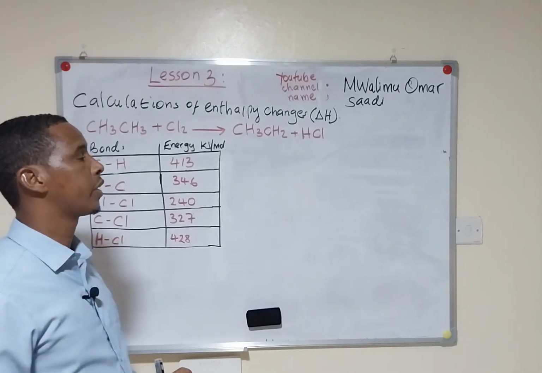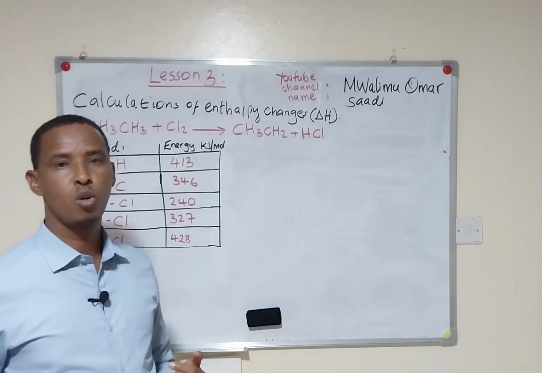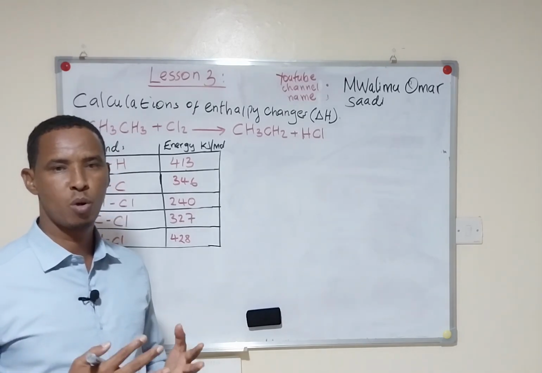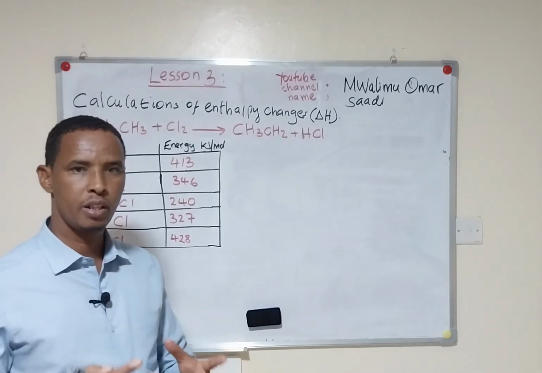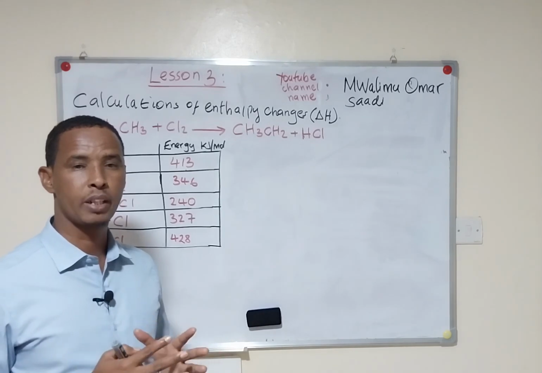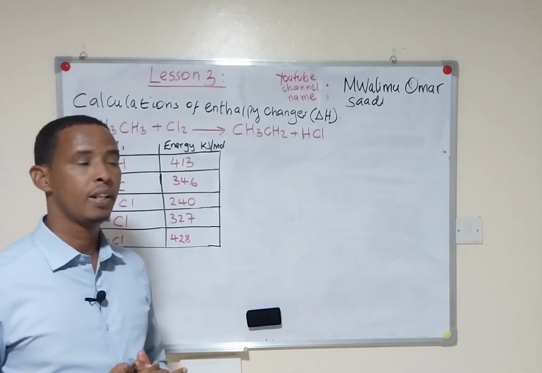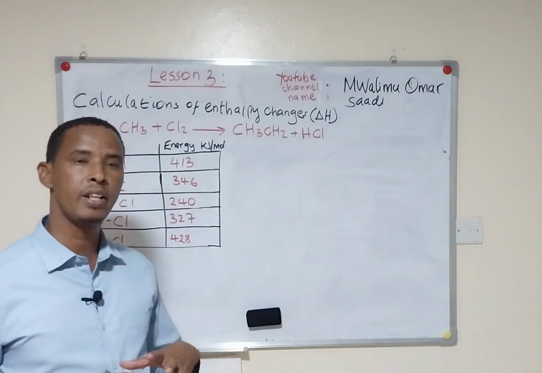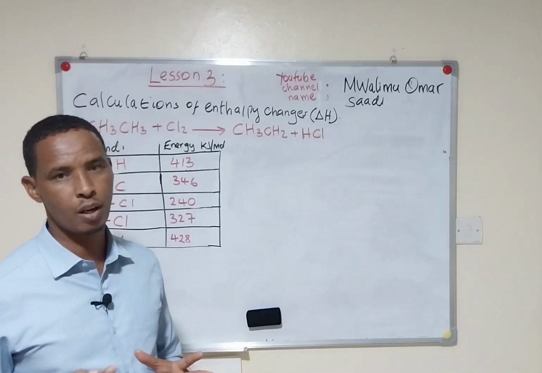So for a chemical reaction to occur, bonds must be broken in the reactants, and bonds must be formed in the products. During bond breaking, energy is absorbed or taken in, so that is endothermic.